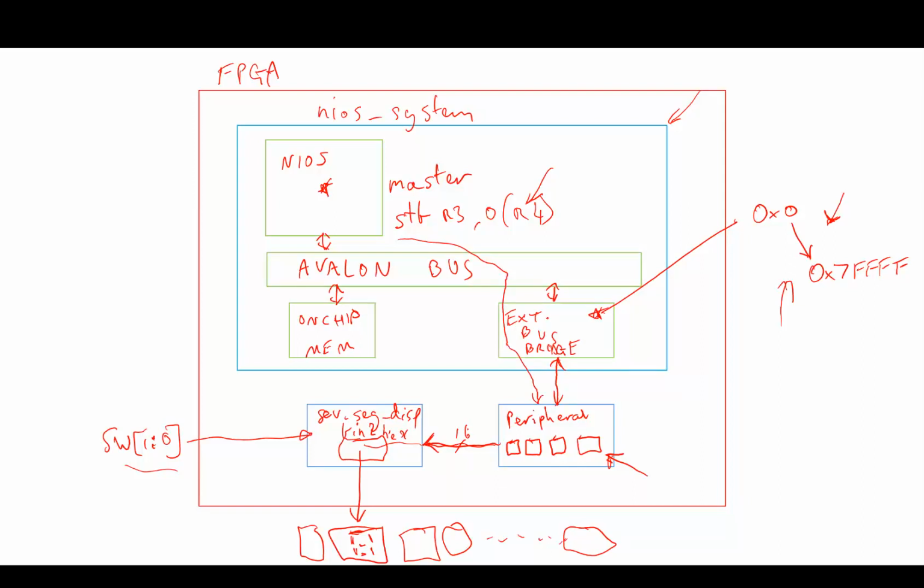Then the peripheral module will decide which of these 4 registers it is mapped to, and that depends on what the address decoding is implemented as within this peripheral module. So that's all I wanted to discuss about this particular block diagram and how the access works.